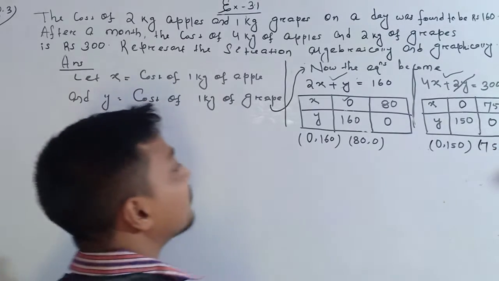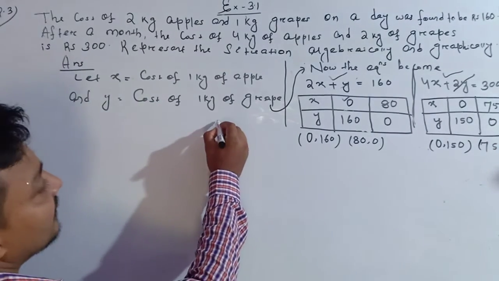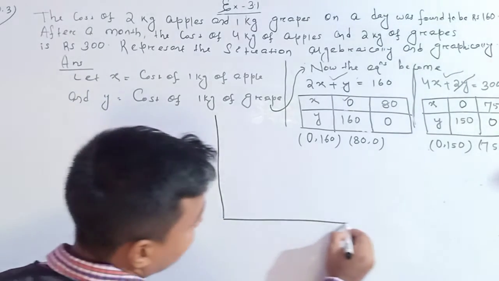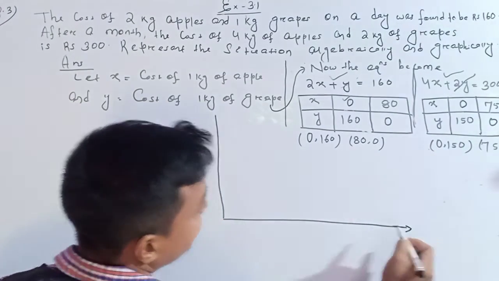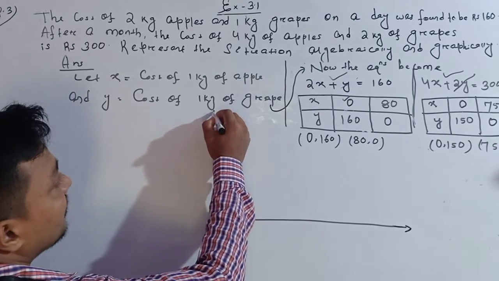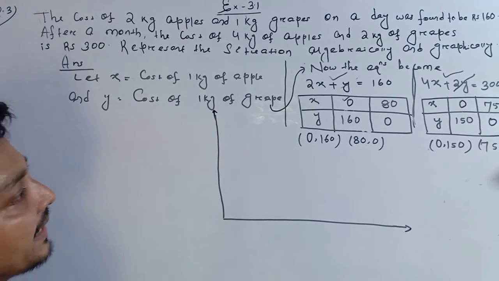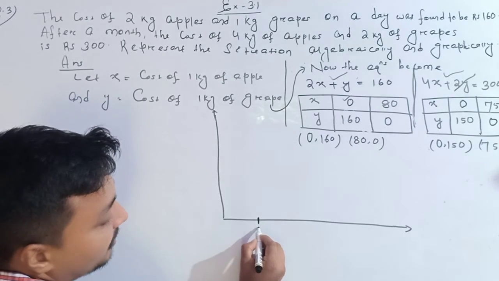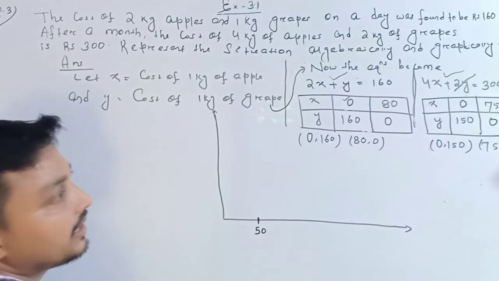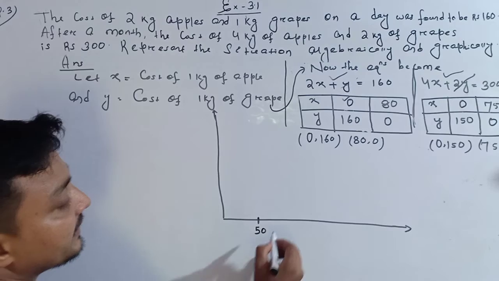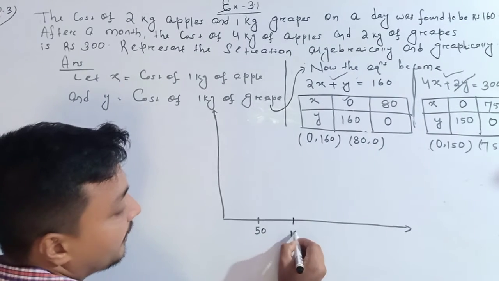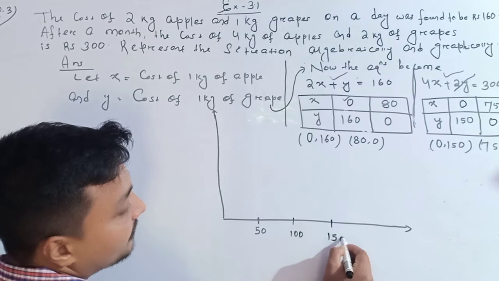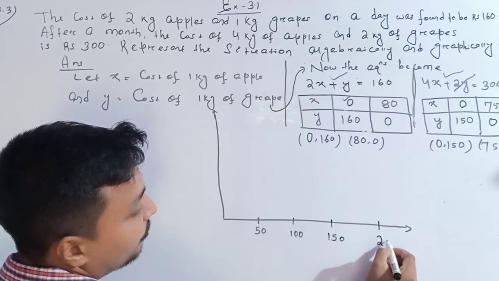So now we have to draw the graph, and in the graph, first we have taken the unit box as 50. Then the next point is 100, the next one is 150, and the next one is 200.